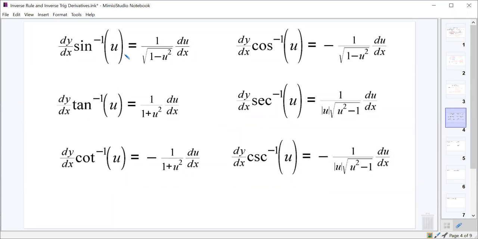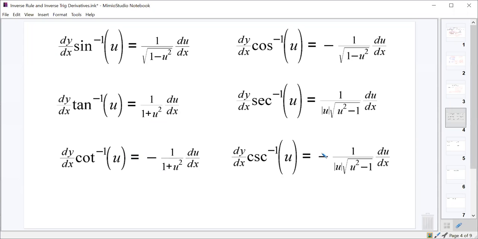So if it's inverse sine of a function, it's 1 over root 1 minus the function squared times the derivative of the function. Notice that inverse sine and inverse cosine are almost exactly the same. The only difference between them is a negative sign. And for tangent, 1 over 1 plus u squared, and cotangent, notice that the only difference between them is a negative sign.